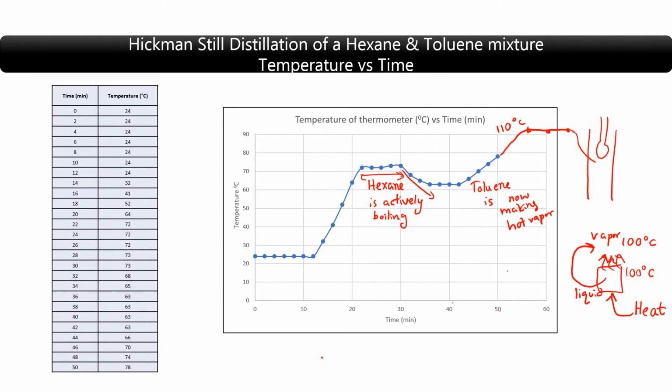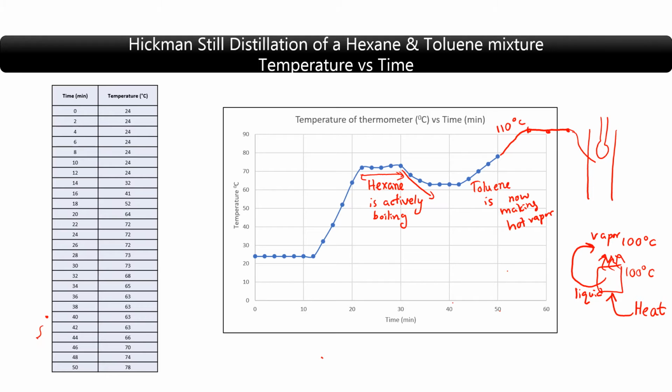So this is what you would observe for the temperature change for this experiment for separating hexane and toluene via distillation. So you'll only get data up to like 40 minutes, I think.